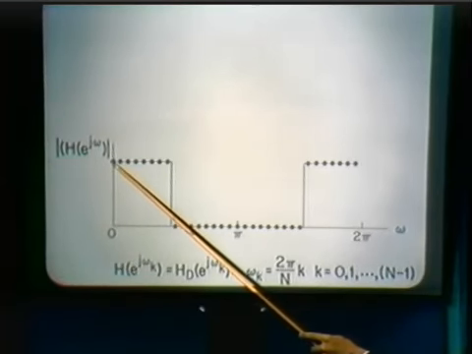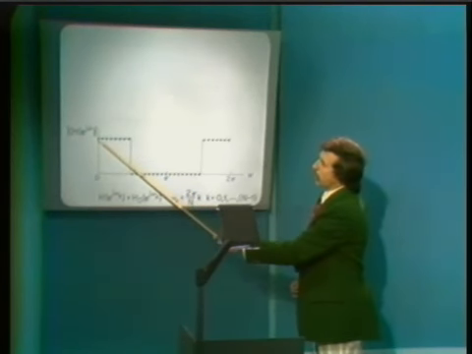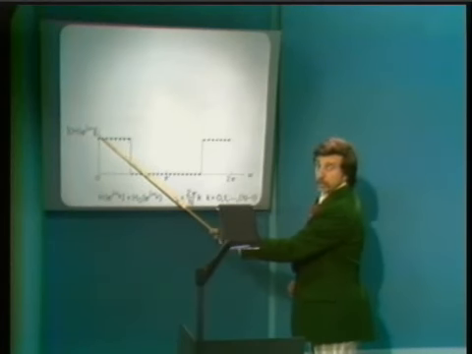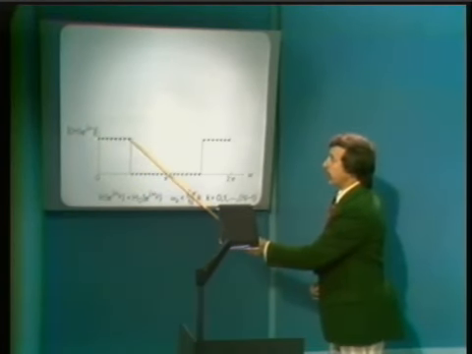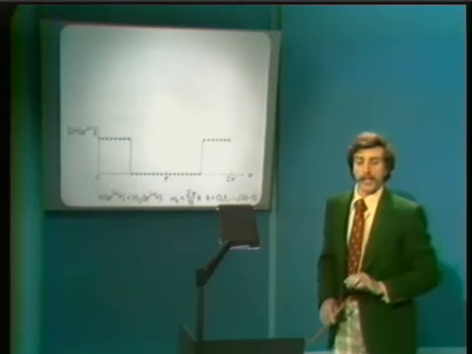Well, in fact, if we were to look at a unit sample response whose discrete Fourier transform magnitude is unity in the pass band and 0 in the stop band, one possible choice, in fact, is the unit sample response and frequency response that I've indicated here.